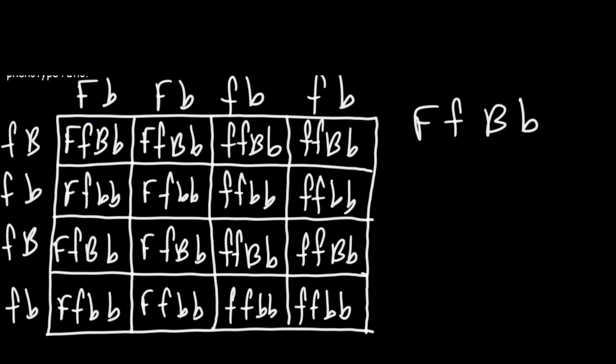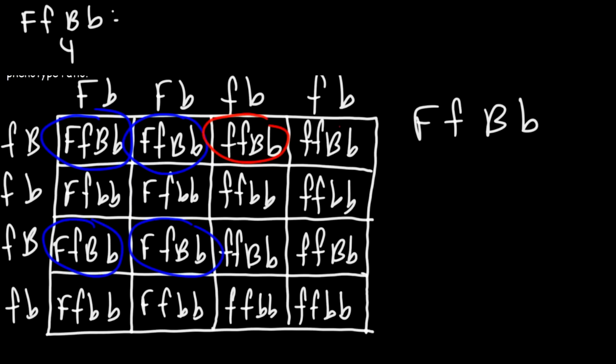So this is the first one, big F, big B, little b. And so let's identify each one with those characteristics. So it's just 4. Now the next one is little f, big B, little b.